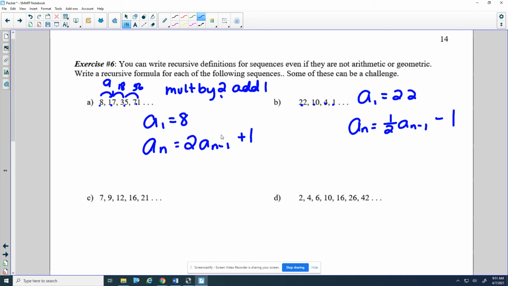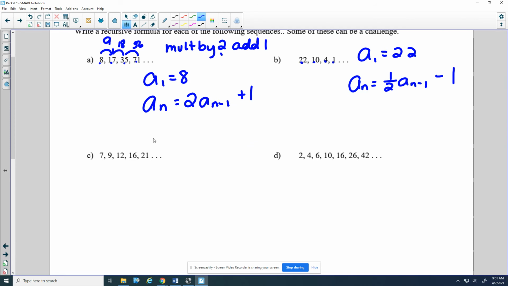So the next one, I'm going to try to relate back to something we had in the last lesson. This one shows a pattern where I add 2, and then I add 3, and then I add 4, and then I add 5. And once again, there are other ways to write these. As long as you write a recursive definition and it works, it's totally fine. Okay, these are just the ones I came up with from the problems.